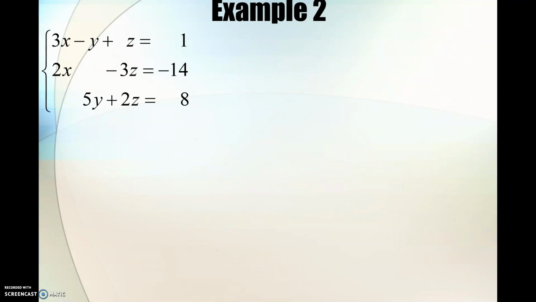There are multiple ways that you can go about this. Someone in my last class said, look at the last equation. Look at equation C. Do you notice how it already doesn't have an X? So if we could eliminate X using the first two equations, we could maybe skip some work because we already have another equation that doesn't have X in it. And that is true.